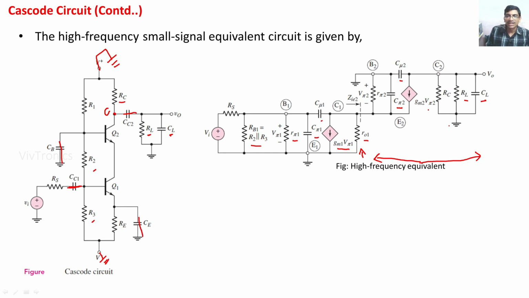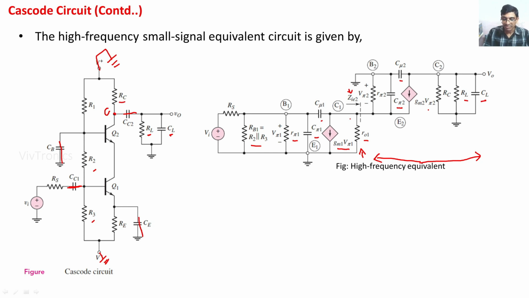Here ZIE2, which is the input impedance of the second stage, we can derive from the CB analysis. In the last video we have already derived the input impedance of the CB configuration, where the input impedance is reduced by 1 plus beta times.